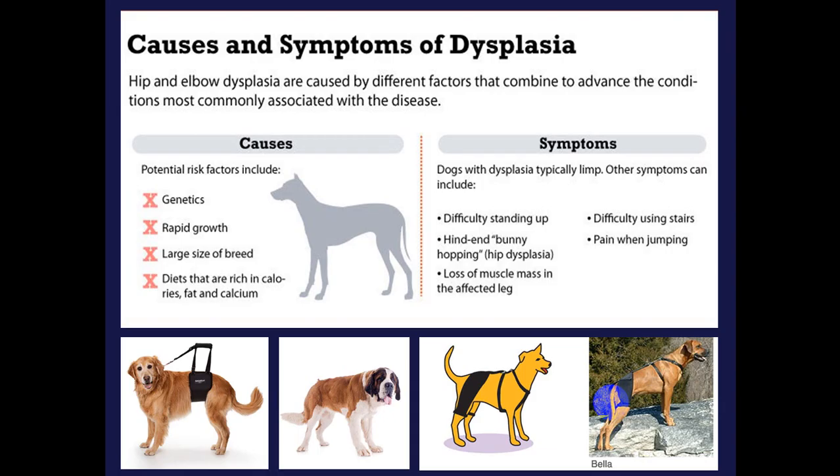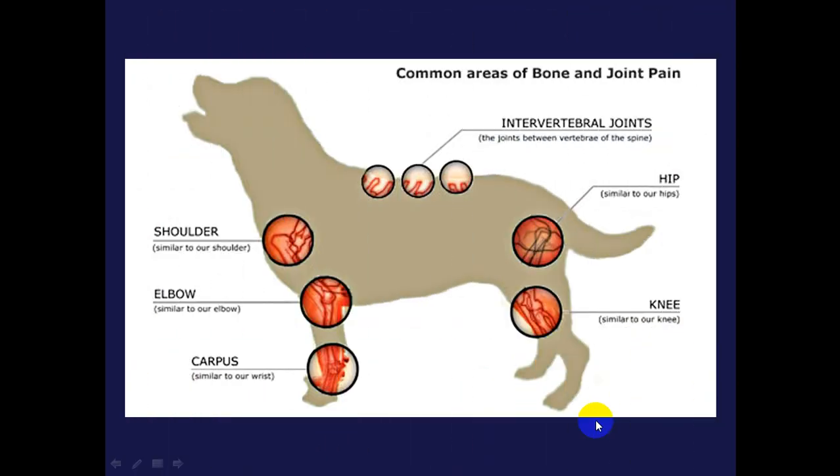They cannot use it for a normal walk, and therefore in such cases they will have some difficulties walking. Okay, these are the common areas with bone abnormalities in dogs, but the most common site is the hip.